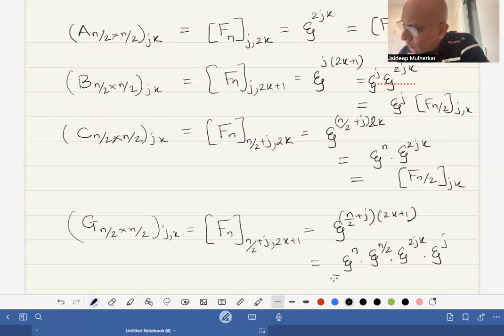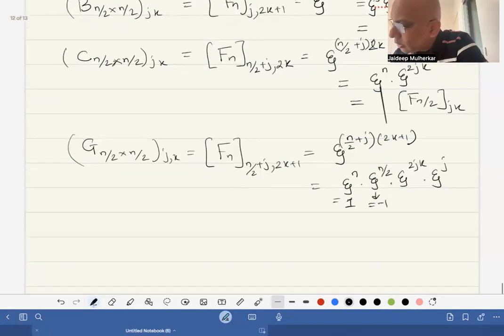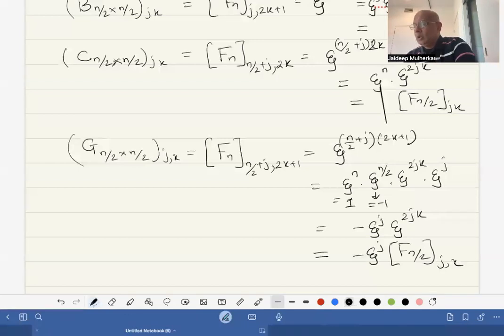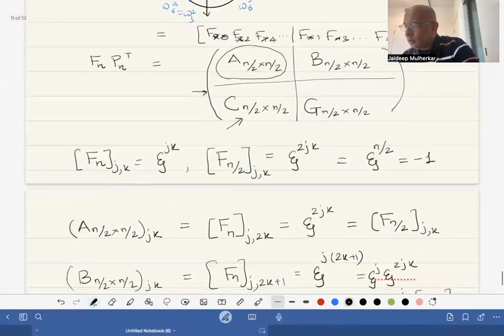Eta to the n is 1, and eta to the n over 2 is equal to minus 1. So this will be minus eta to the j into eta to the 2jk, which is equal to minus eta to the j of Fn over 2 jk, right?